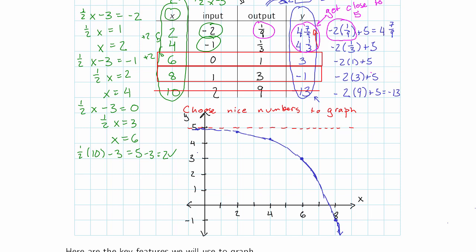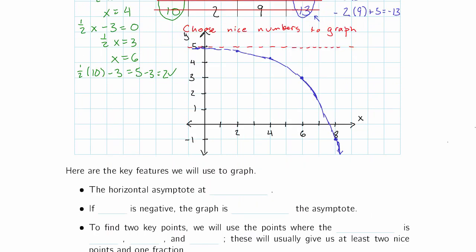Okay, so what happened here? Remember, our general form is f of x is a times b to the something linear in x, plus something. Our horizontal asymptote here was at y equals 5. In general, the horizontal asymptote will be at y equals k. Why? Because the horizontal asymptote happens when this gets close to 0.